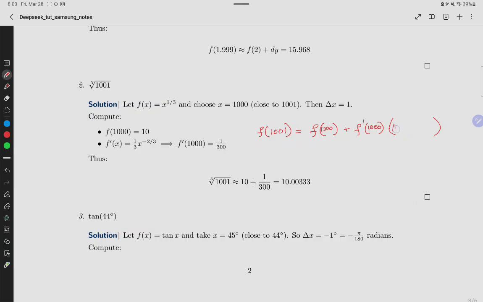This is 1001 minus 1000, which is basically delta x, equal to 1, the change in x.